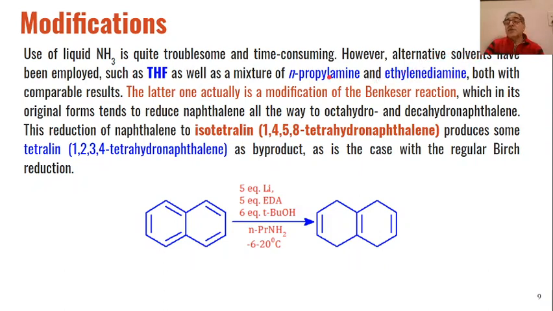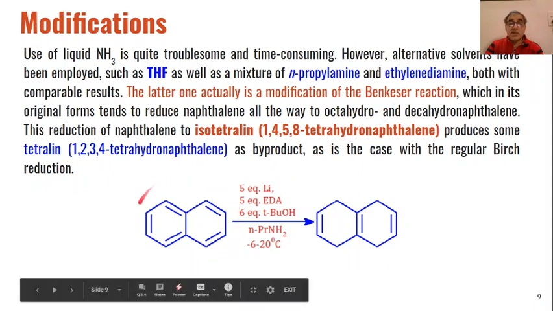this mixture of N-propylamine with ethylene diamine, this actually is a modification of Banks's reaction. So these conditions can lead to the formation of partially reduced product like in the BIRCH reduction.